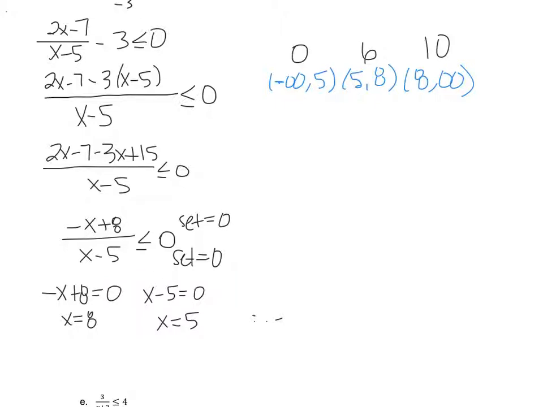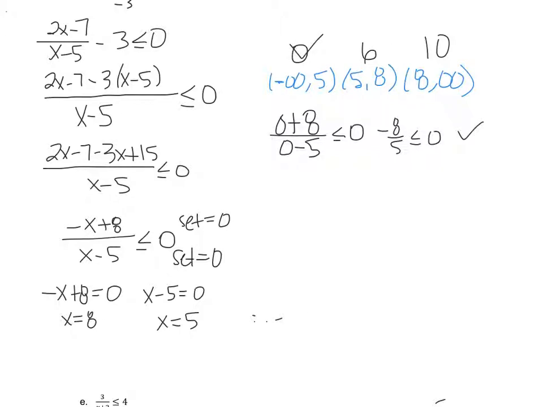So if I plug in 0, I would get 0 plus 8 over 0 minus 5 is less than or equal to 0. So I get negative 8/5 is less than or equal to 0, which is a true statement. So that guy is included.